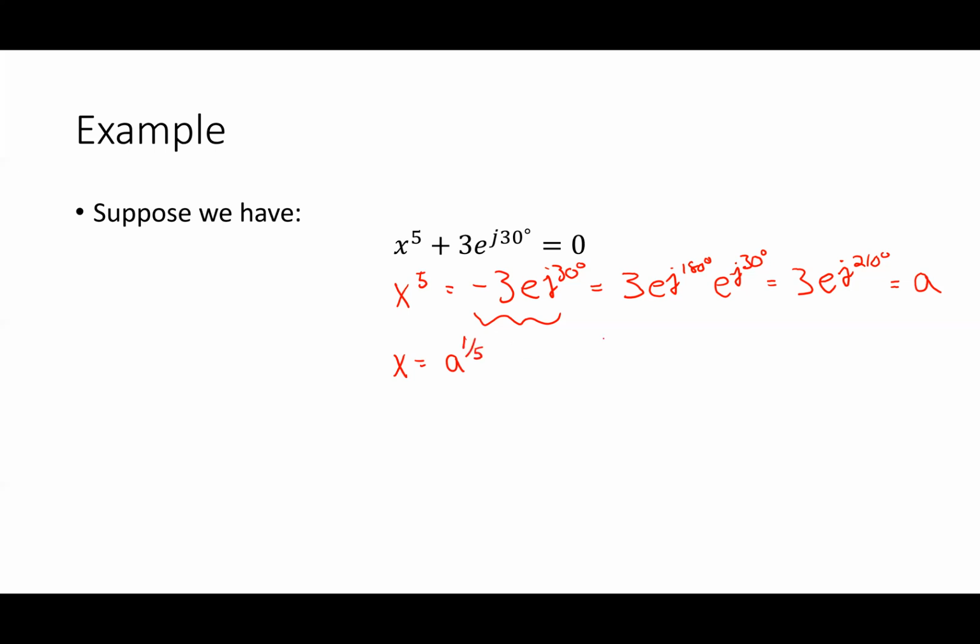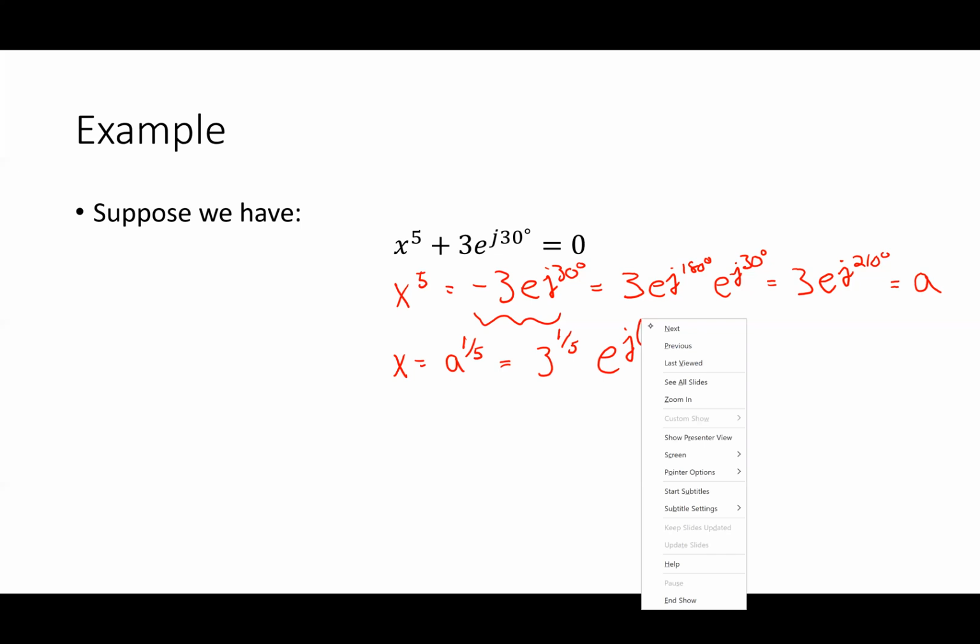And then I have to find all the different roots. So this is 3 to the 1/5 times e to the j 210 degrees divided by 5, like that.